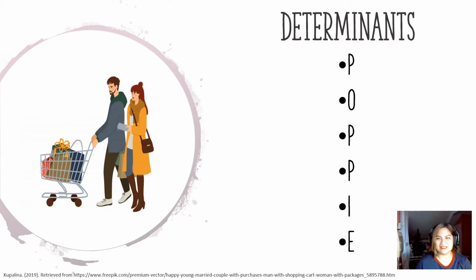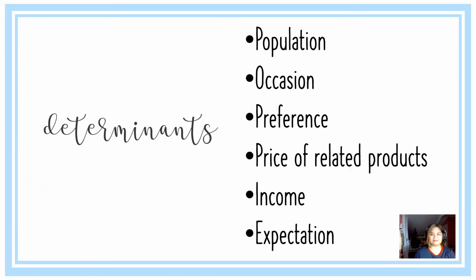So, what do these letters mean? First we have population, and then O, occasion, preference, price of related products, income, and lastly, we have expectation. So these are the different determinants of demand.